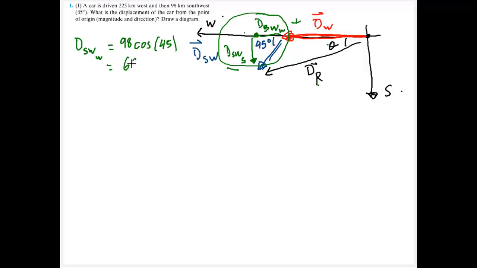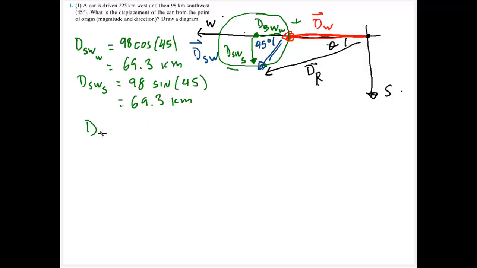That's going to be 69.3 kilometers. Similarly, d southwest in the southerly direction, that's going to be the hypotenuse, 98, multiplied by sine of 45, or 69.3 kilometers as well.